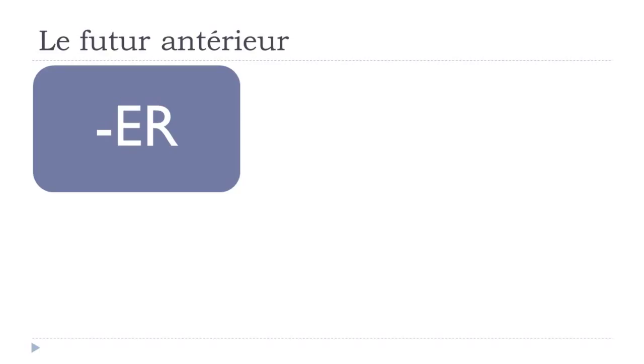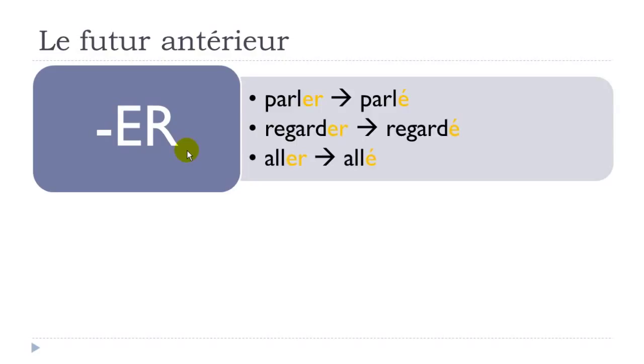Okay. Right now here in this video, I will only cover first here, as we've got the first group, so regular verbs ending with er, and it's quite easy because it will become é. Like that, okay, so parler, ER will become parlé, your participe passé form.